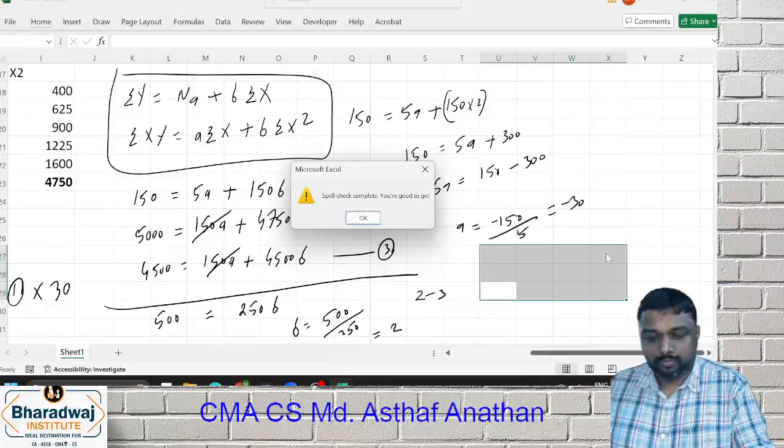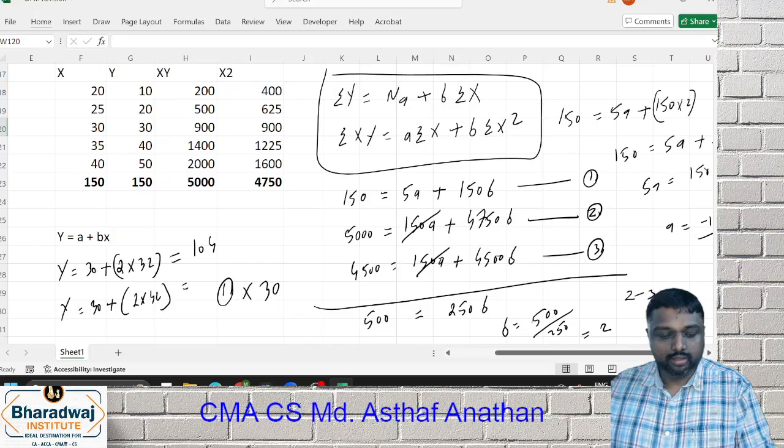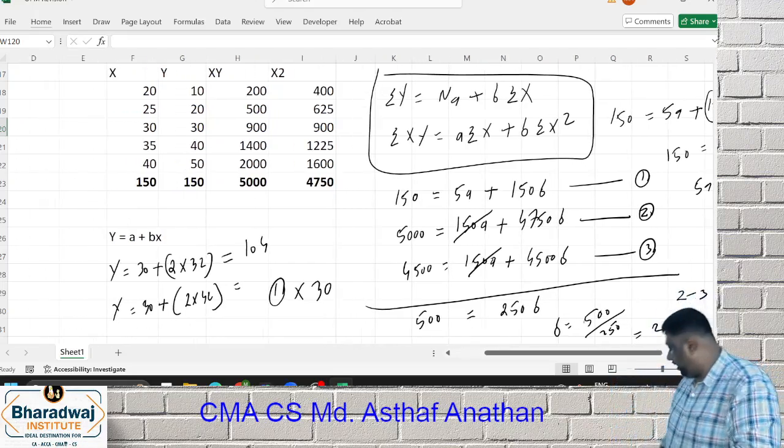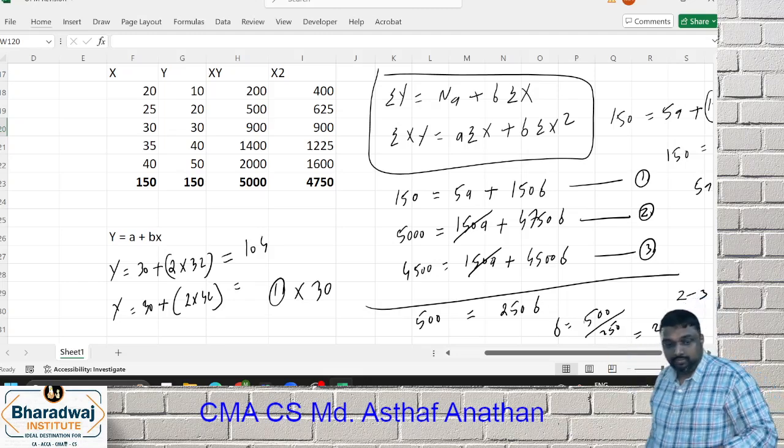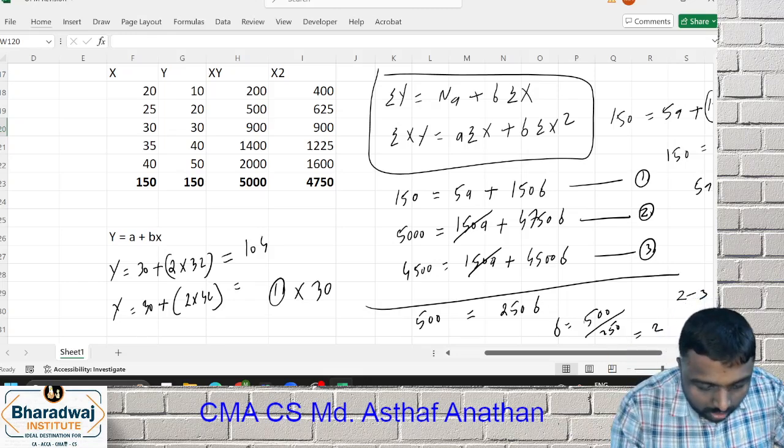Correct. Now, if you proceed, what is the answer? We get minus 30. So if you get minus, what will be the answer, friends? We have minus 30 minus 30. What is the answer?